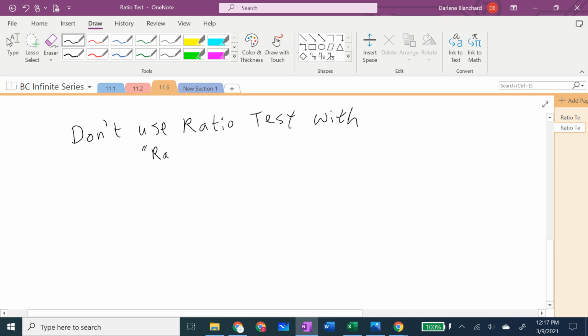And I'm going to quote rational functions only. Now, I'm quoting it because you might have some extra bits like a -1 to the n that rational functions don't have. But what I'm saying is, here's an example of something to not bother the ratio test with.